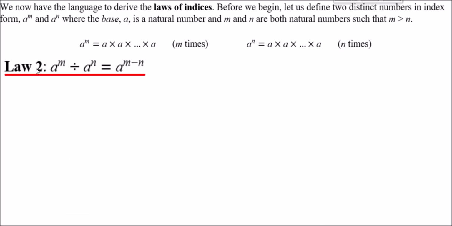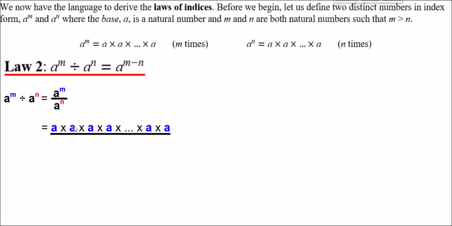Second law. So again, we're going to set it off in the same way and write down a to the power m. Let's think of it in terms like this actually. So if you think of it as a fraction, first of all, any division could be thought of as a fraction. So a to the power m divided by a to the power n, think of it as a to the power m on the numerator, and the denominator is a to the power n.